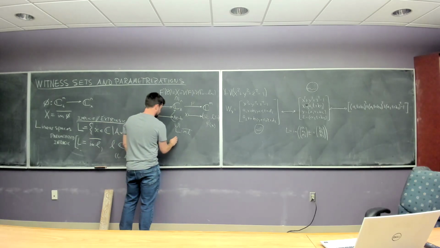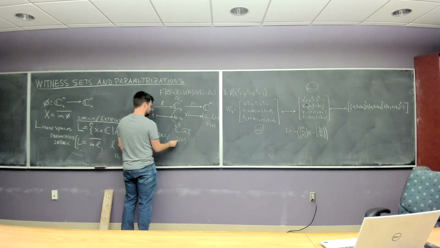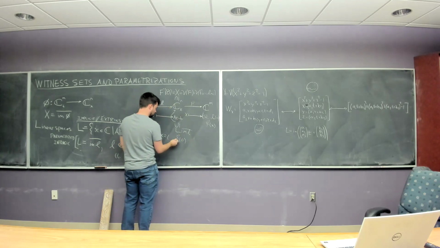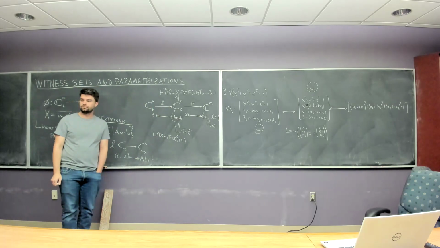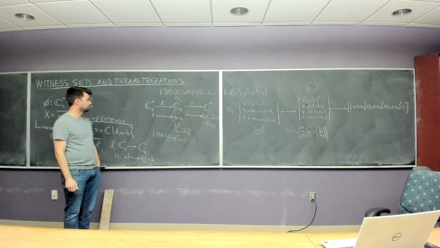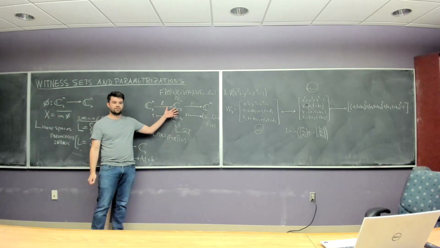Well, it's just the preimage of zero of the map that does L and then does F. Anything in the image of L is in the linear space.